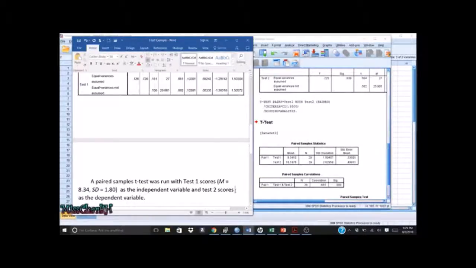And test 2 scores had a mean of 10.17 with a standard deviation of 2.63. So now I've got my descriptives in. I've also said which type of test I've run. I've discussed what the variables are, which one was the independent, which one was the dependent.